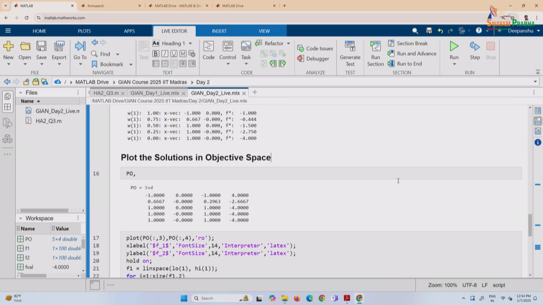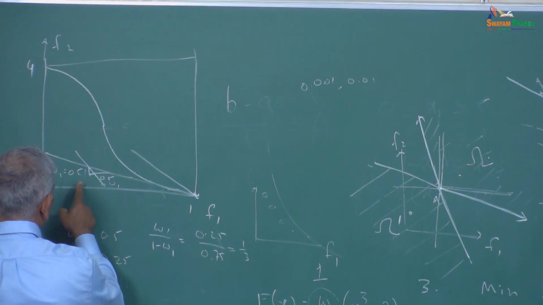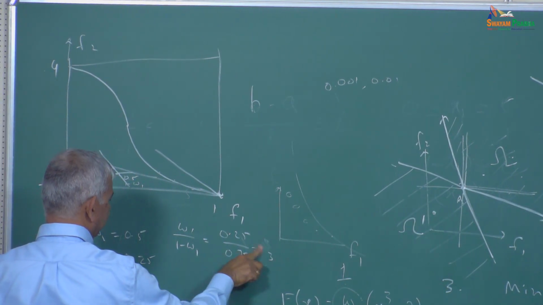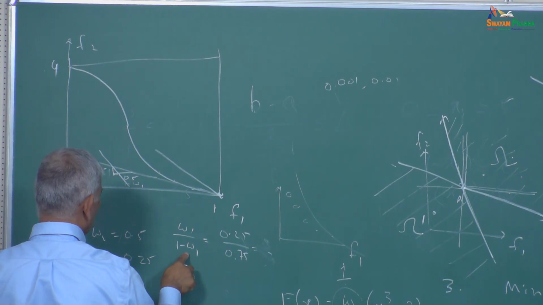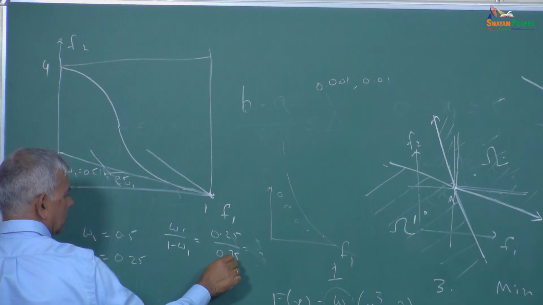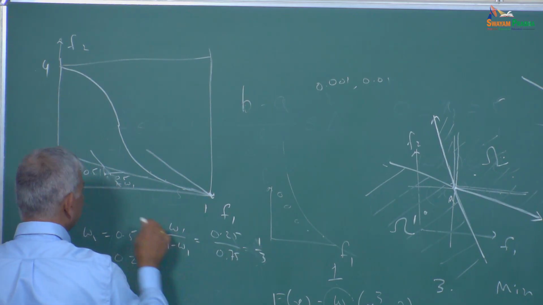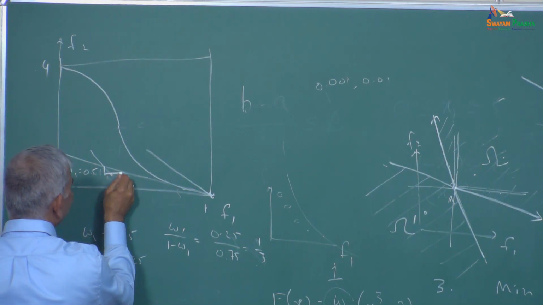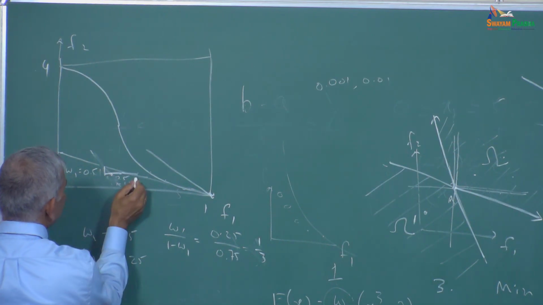If W1 is 0.25, so I'm going 0.75 this way. Let me see how to work with this. Yeah, 0.75 this way, not 1/3. So if it's 1, I'm going to go 3. I did it the wrong way. If I go 1, I will go 3. So it will be much lesser slope.